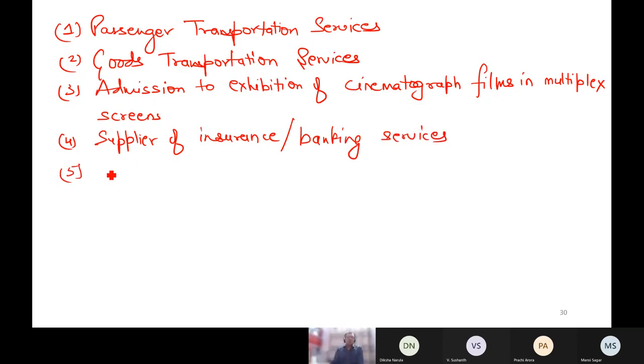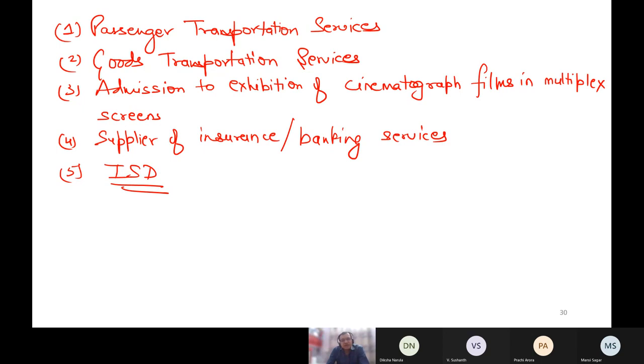And I don't know whether you remember that or not, input service distributor concept I have discussed. When there are, for example, so many branches of any company, then all branches don't purchase or avail these services. To save money, one office will be separately treated as input service distributor. For example, there are 200 branches of any showroom, and in all the branches air conditioners will be installed, so they need AC repairing services.